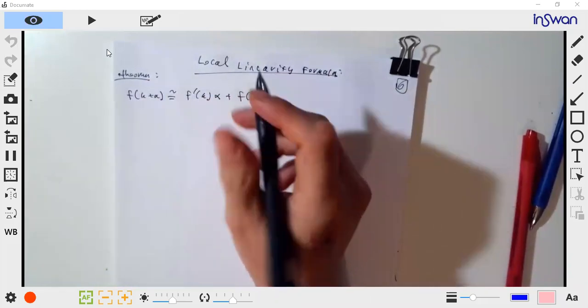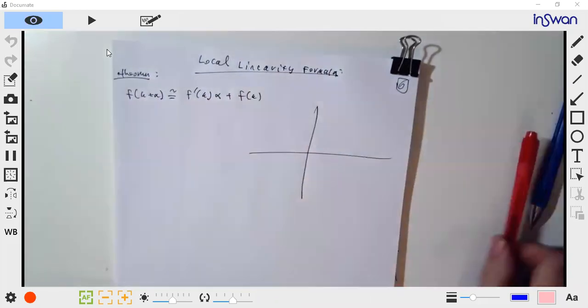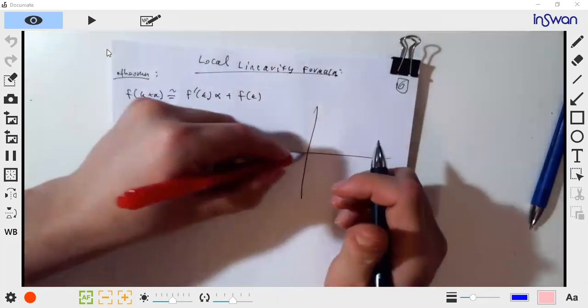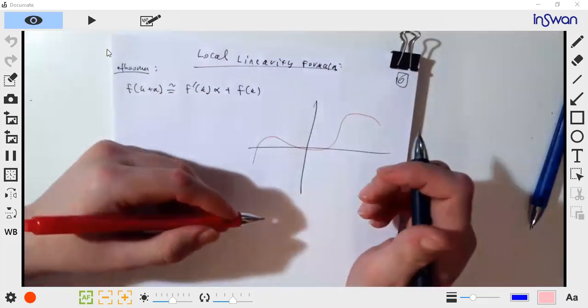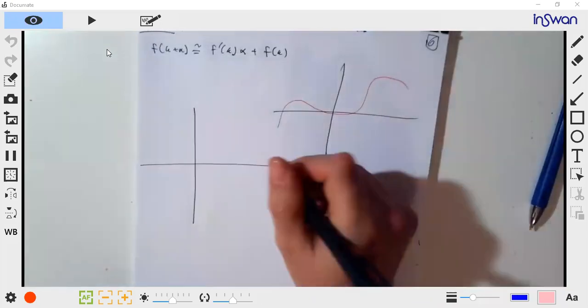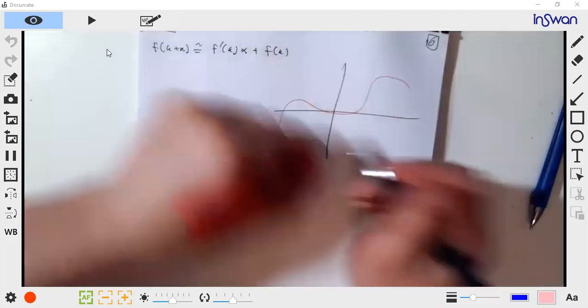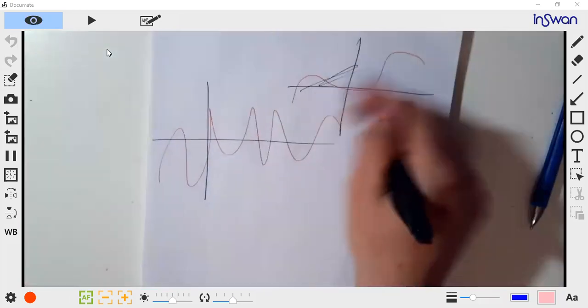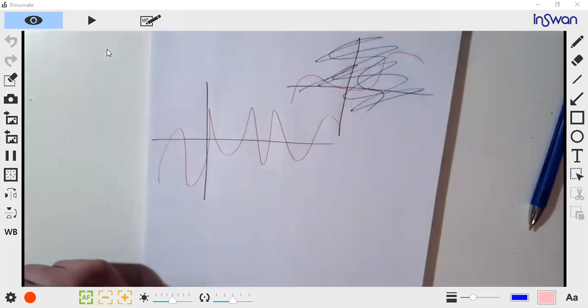What does this mean? It means, well, given a function as crazy as it is, you know what? That's not a crazy enough function. Let's create a really crazy function. There you go. Let's forget this one. We want it really crazy.